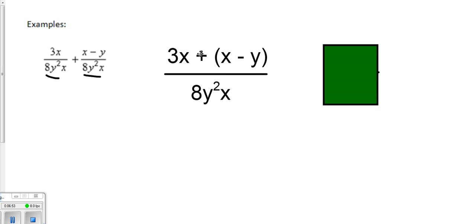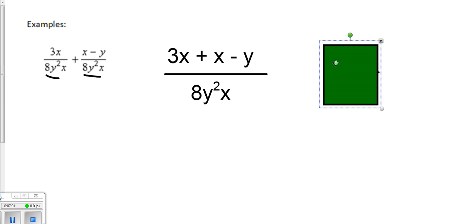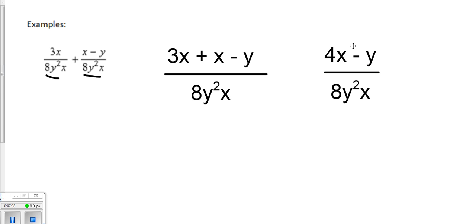When we distribute this plus, it means we can basically get rid of these parentheses. So 3x plus x minus y. When we do that, 3x plus x becomes 4x, and we still have a minus y. So this is going to be our simplified numerator over our denominator.